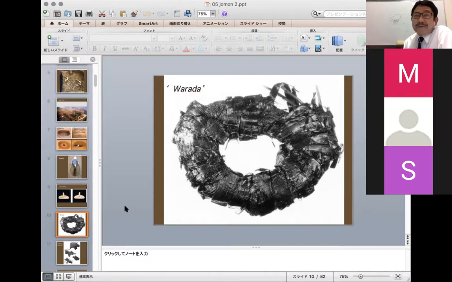Jomon people knew it, so they threw this warada towards the rabbit, and it will produce a sound, the wind sound, and that imitates the flapping of the birds or something.